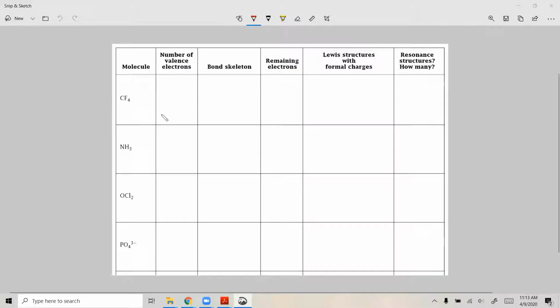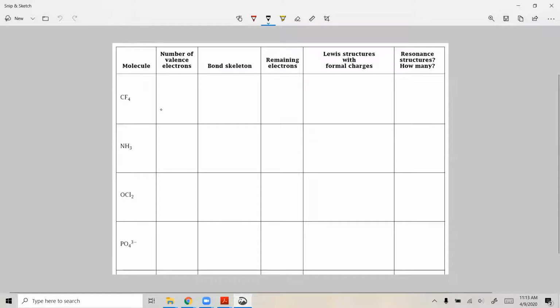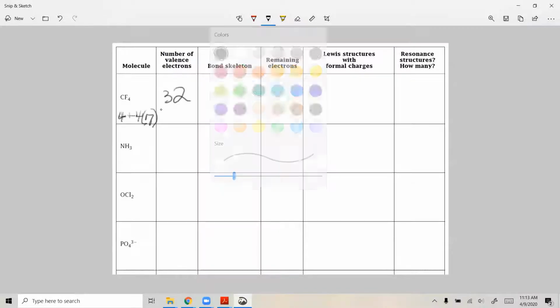So if we were looking at something like CF4, we would put our 4 valence electrons for our carbon. Plus, we have 4 fluorines, and each one has 7 valence electrons. And we want to add up all of those. So that 4 plus 4 times 7 gives us a total of 32 valence electrons. And that's what we would put in there.